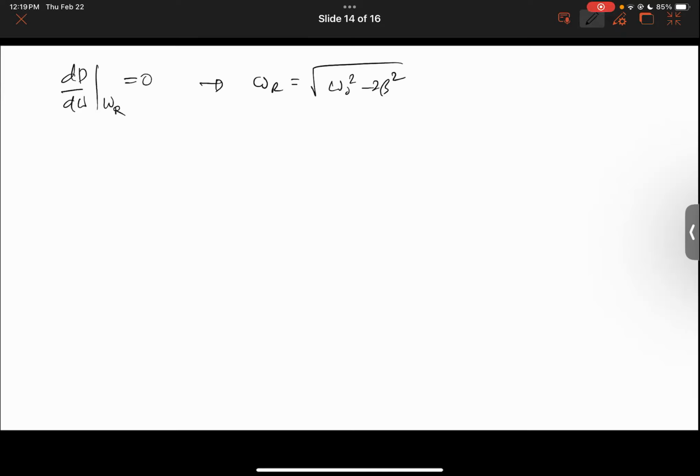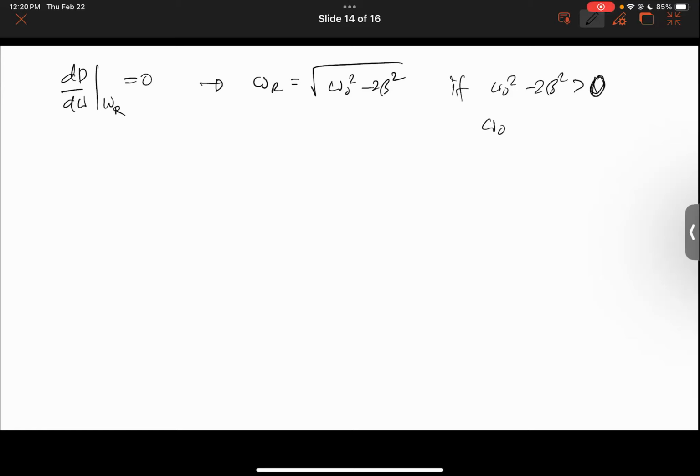So what do we see first here? If omega naught squared minus 2 beta squared is greater than 0, that is the condition. Otherwise, the square root is imaginary and you don't have a solution or a physical interpretation for an imaginary oscillation, right?